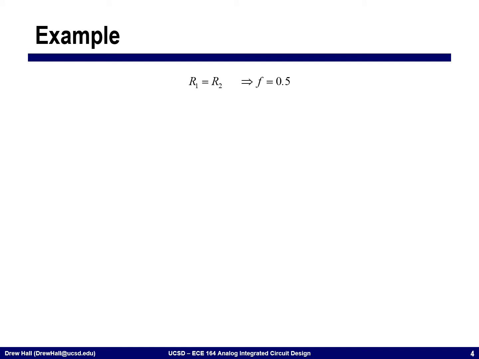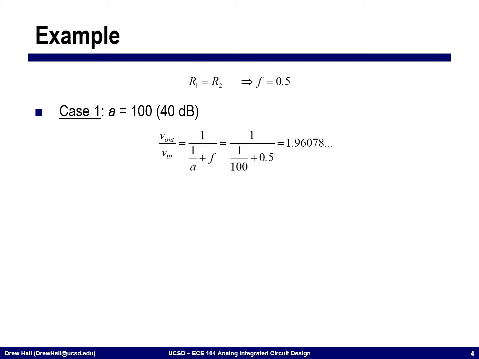All right, let's go through a couple of examples. If I had R1 equal to R2, that would give me a feedback of 1/2. Let's say that I had an amplifier with a gain of 100, which is 40 dB.